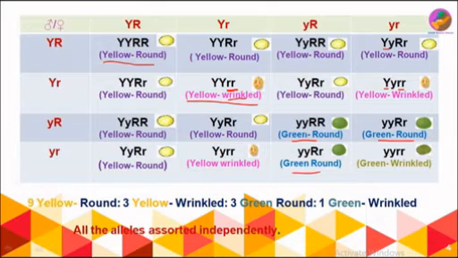Now small y gets expressed and produces green colored seeds. It is a recessive character, but due to the absence of the dominant character, greenness has been expressed, along with round seeds.